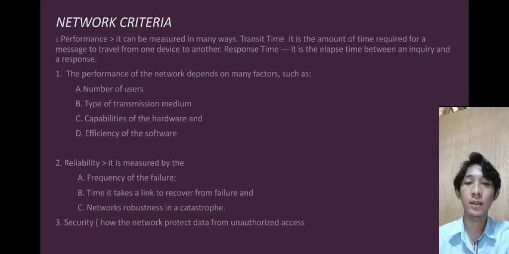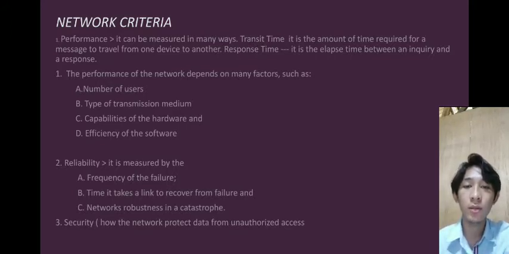Network criteria. Performance. It can be measured in many ways. Transmit time is the amount of time required for a message to travel from one device to another. Response time. It is the elapsed time between an inquiry and a response. The performance of the network depends on many factors such as the number of users.